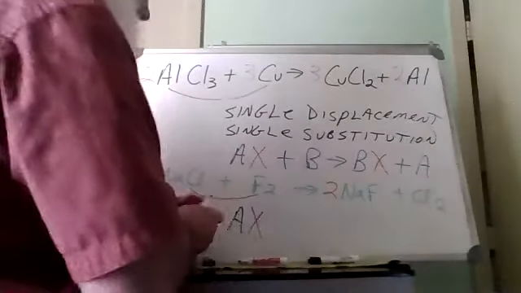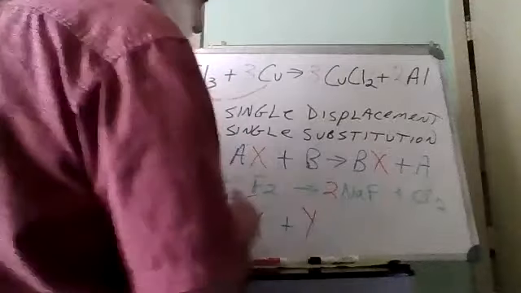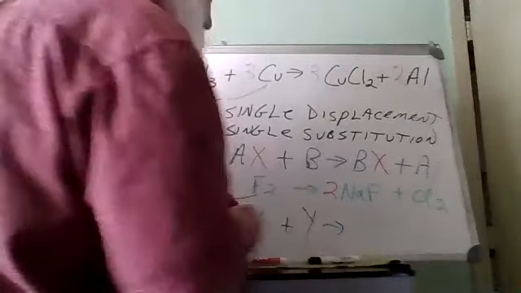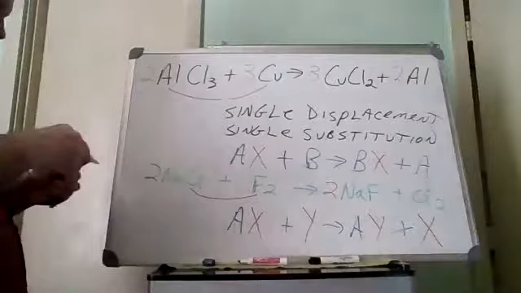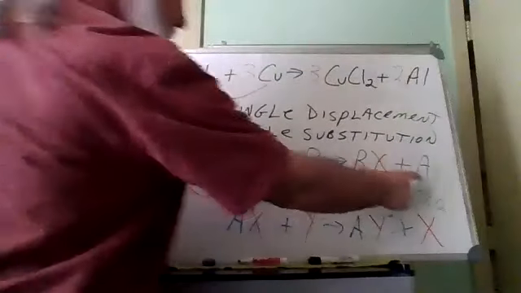AX plus Y gives us AY plus X. So we see there, in this case, it's the anion being traded rather than the cation.